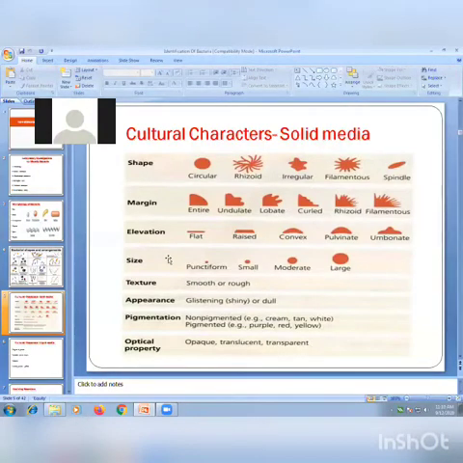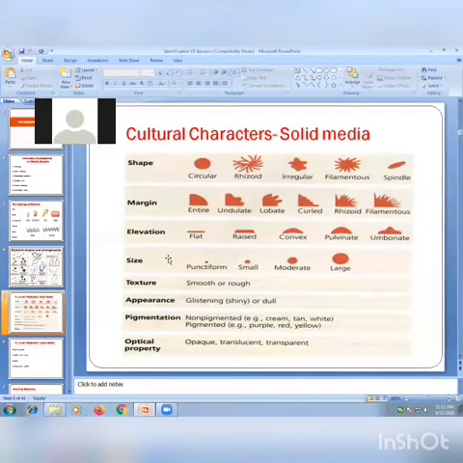So whenever we study the cultural characteristics, the colony morphology is important. When studying the colony morphology of bacteria, the first thing is the shape of the colony. Observe with the naked eyes on the surface of a plate, for example MacConkey or blood agar plate. In shape, various different shapes are there.